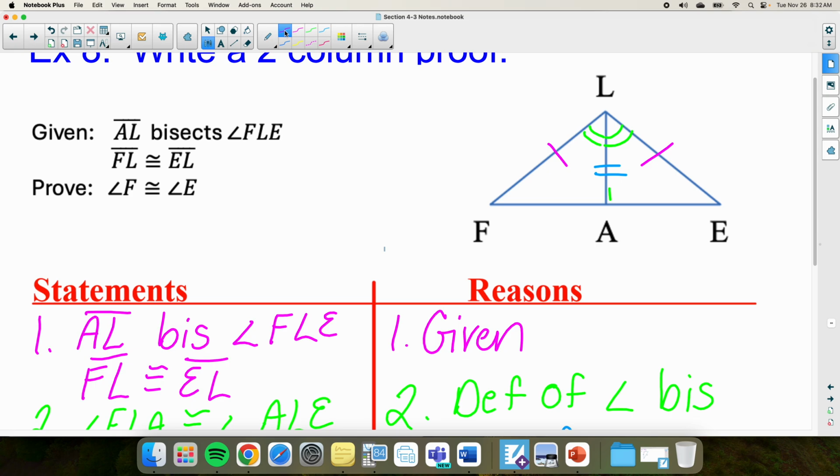So when I go to name this, I'm gonna just write it here for now. I would say triangle F, I'd go along the side with 1 dash, then 2, then none. So I'd say triangle FLA. So I went along the side with 1 dash, then 2, is congruent to, and then here I'd have to do that same order. So I'd go along the side with the 1 dash and then the 2. And that would be ELA.